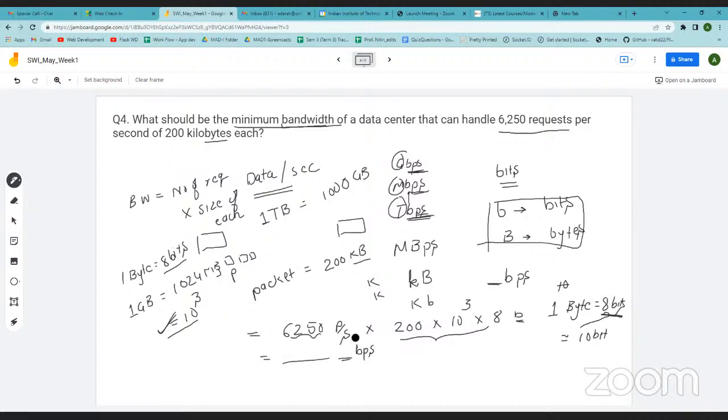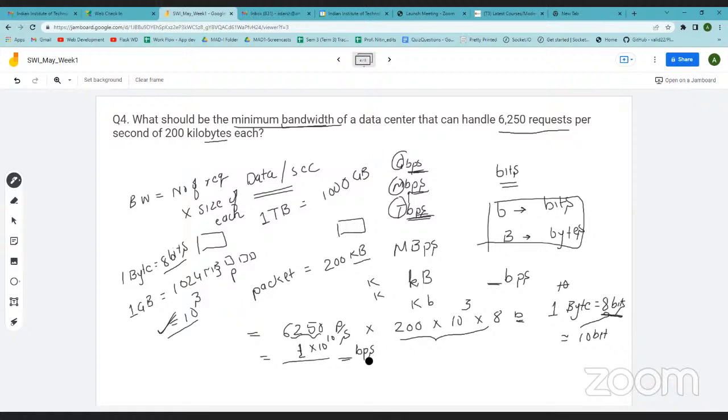What to put here, we'll see later. We'll multiply this: 6250 into 200 into 10 to the power 3 into 8. So it's 1 into 10 raised to power 10 bits per second.